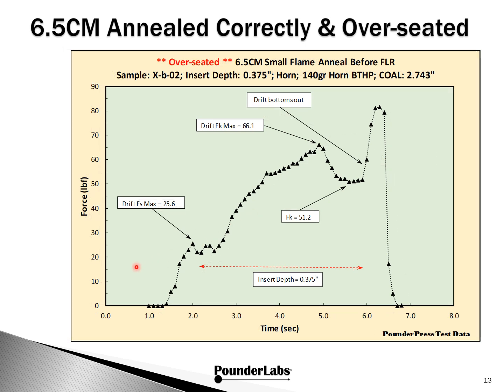This is a seating profile from the same batch of cases we showed in the previous slide, so this has been properly annealed. But what we've done is what we call overseating. Instead of the COL going to 2.8, we set the bullet to seat much further than that to make a point. You can see DFS breaking here, DFK breaking up at 66 pounds.